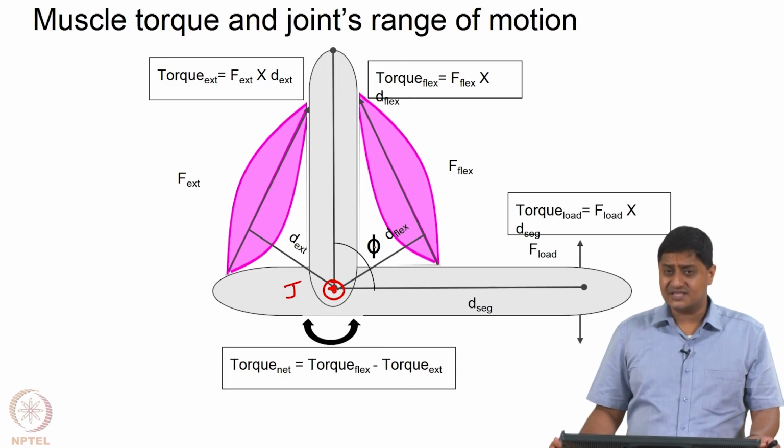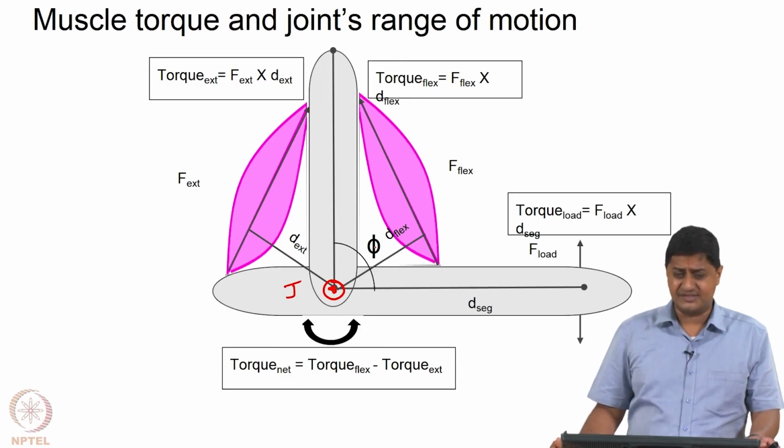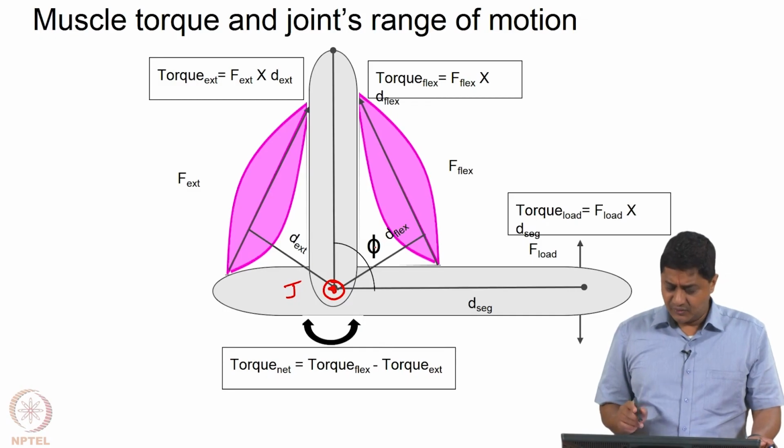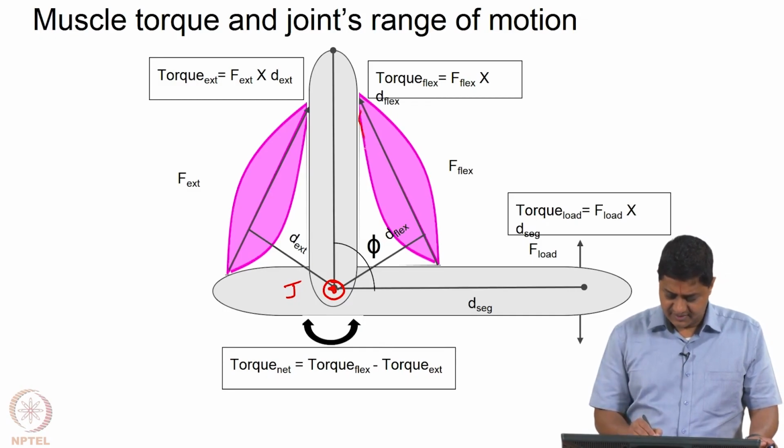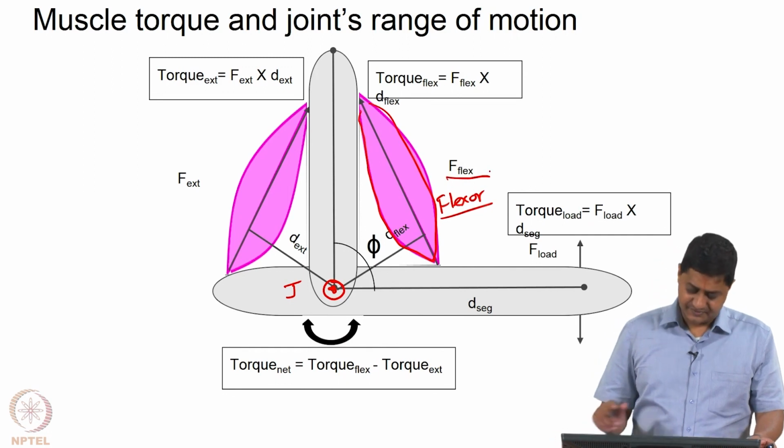Let us consider that this joint is spanned only by two muscles. For the purpose of discussion, there are only two muscles. One muscle is this, which I am going to call the flexor, and the force produced by this flexor is F flex.